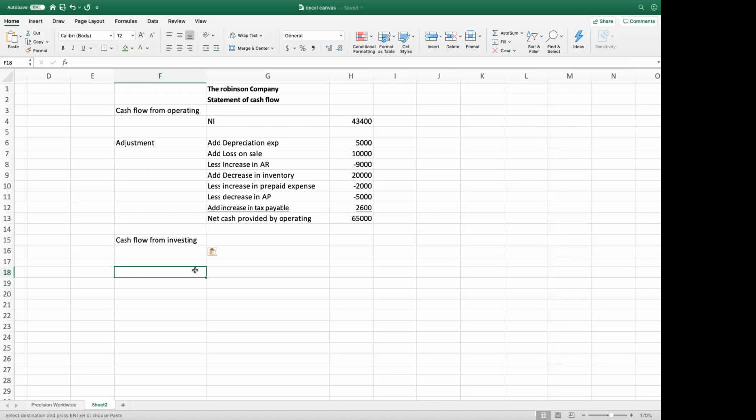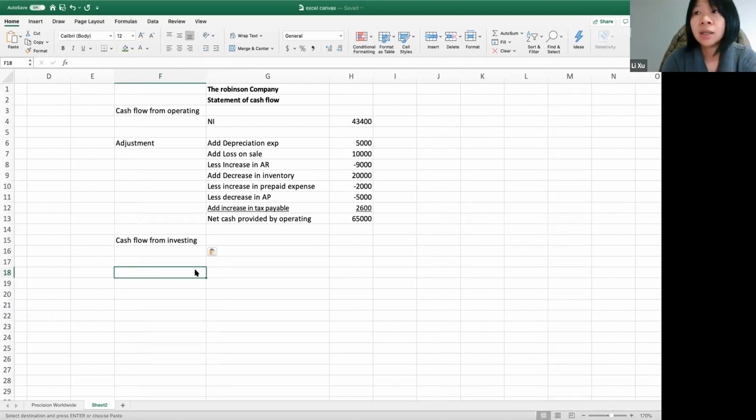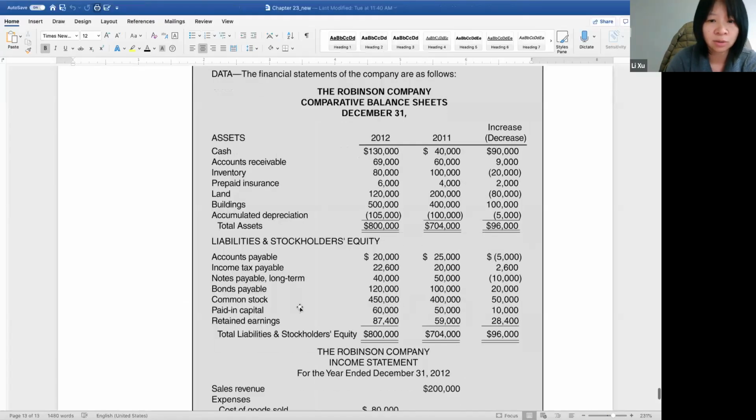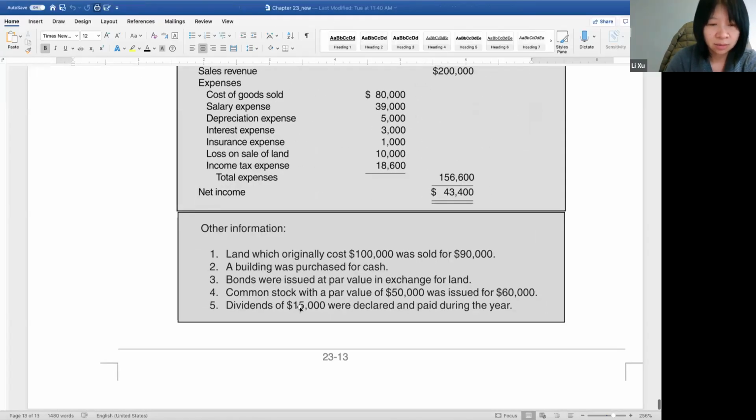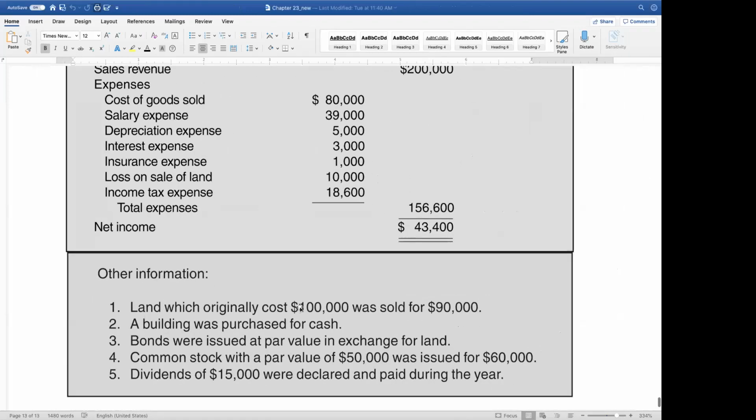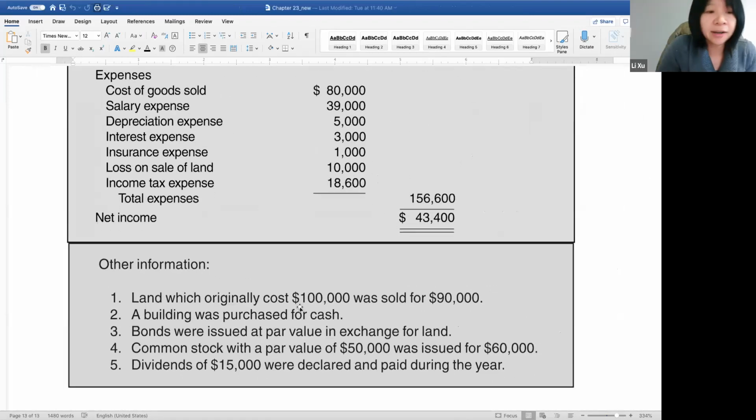So the first thing we have is the sale of the land, and how much money we actually get from the sale of the land. I wanted to switch back to the study notes just to go over this question with you slightly, one more time, to make sure you understand this. Okay, so first is the land. I wanted to read this very carefully.